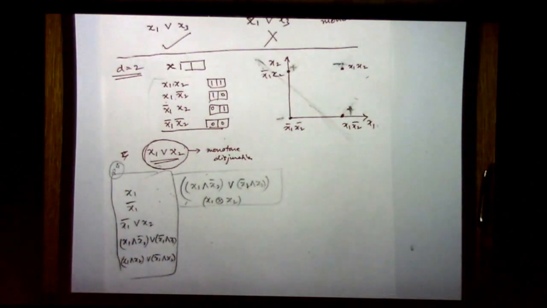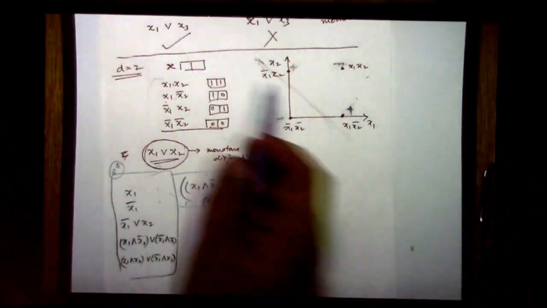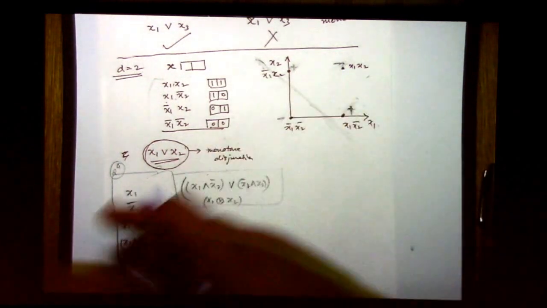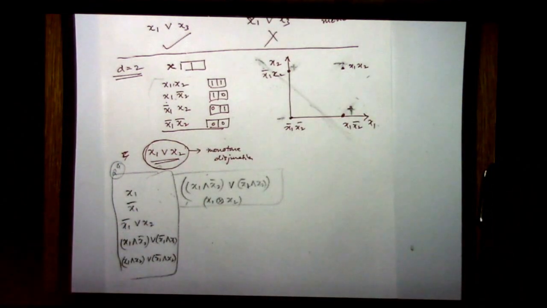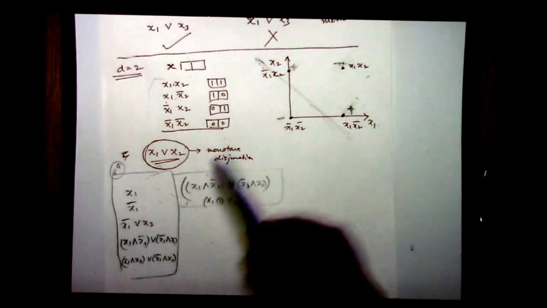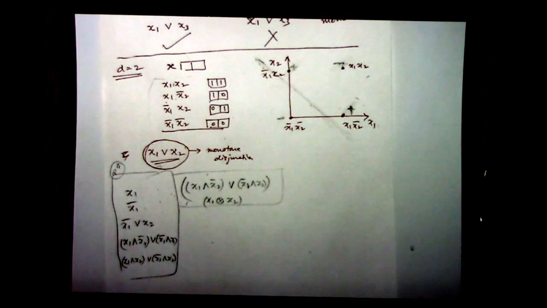So you can never draw a line, right? You cannot find an equation of a line that puts positive on one side and negative on the other side. Is that clear? But all the monotone disjunctions have this property. Yes, go ahead.